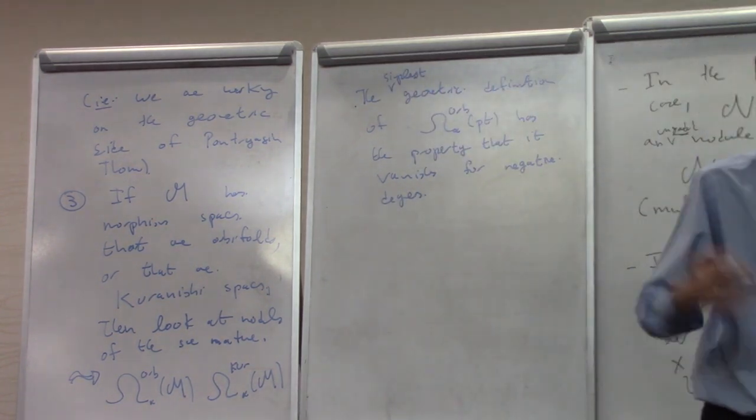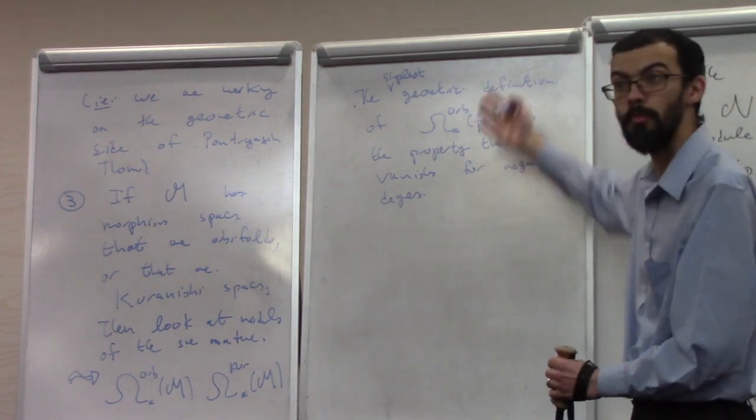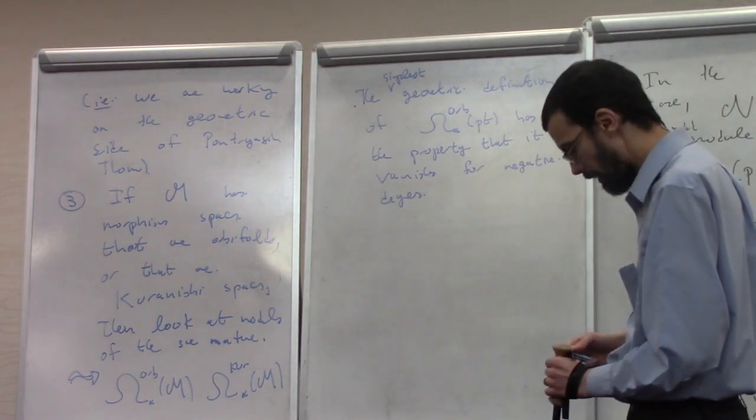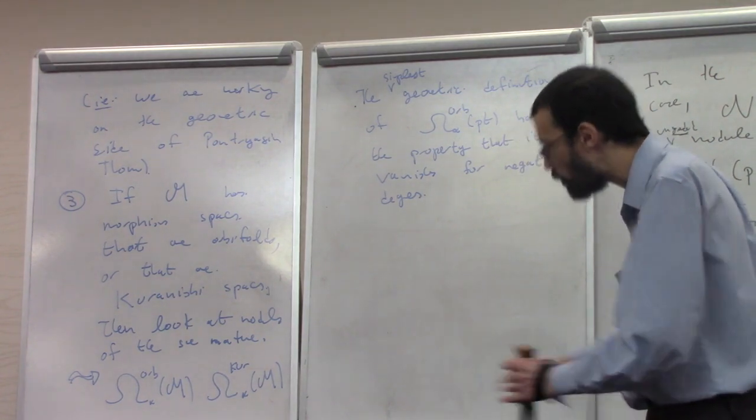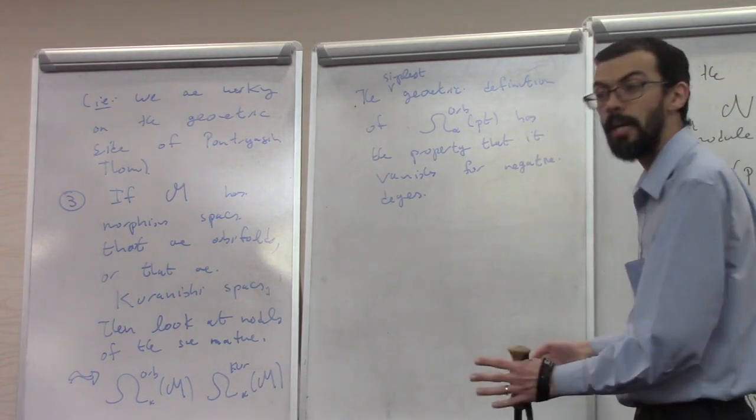You can just say, I'm going to look at orbifolds mod boundary, and if they're orbifolds like this, there's an underlying manifold mod G. So for negative degrees, you get nothing.